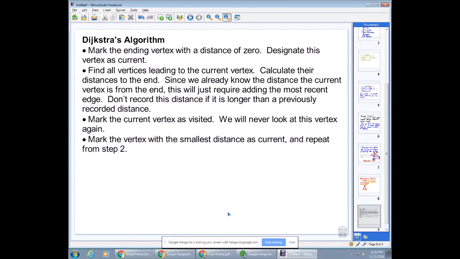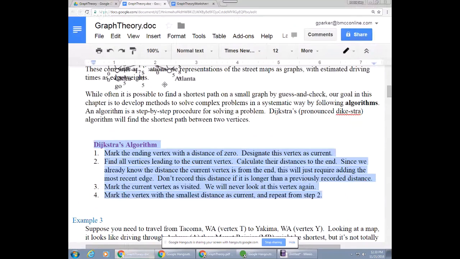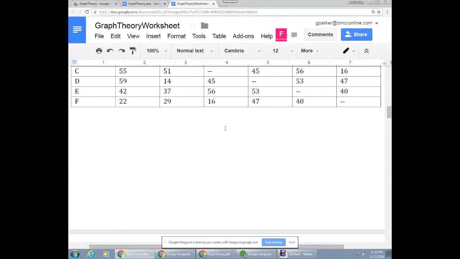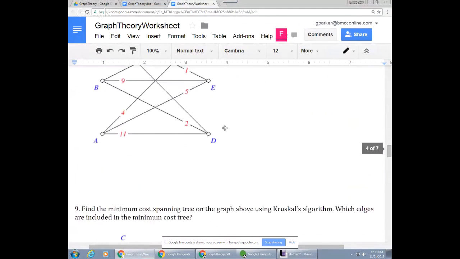So let's see, I want a graph to play with. I think number 3 should work. 3 is kind of easy. So which one would be good? Number 9. Oh, that's the wrong handout. So don't worry about writing that down. It's in the notes online, in the book, I mean. I made a note to myself to try this on number 9.